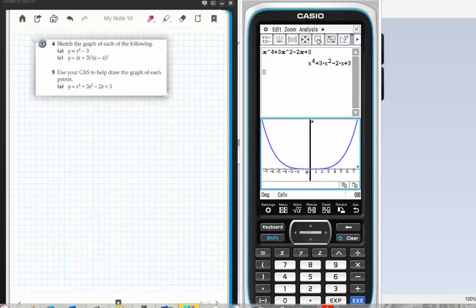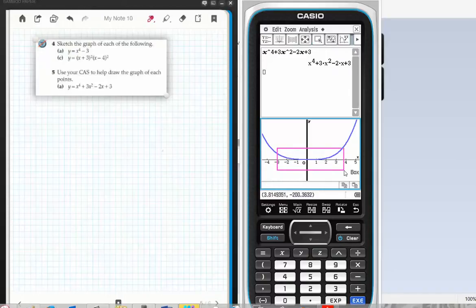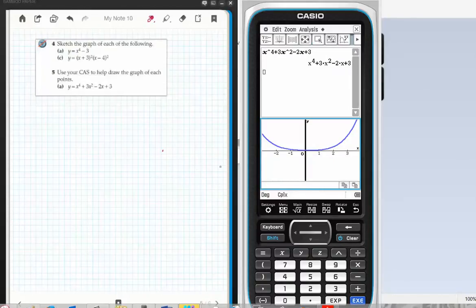I might just zoom in here and put a rectangular box around it to see whether there are any points where it starts looking like this. I'm wanting to make sure that it doesn't look like that. Now, if I go to analysis and go minimum, if there's more than one of these minimums, then it will find them both.